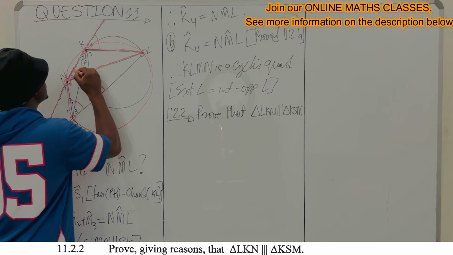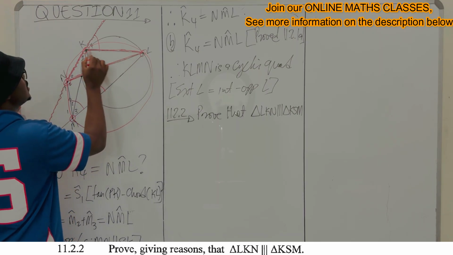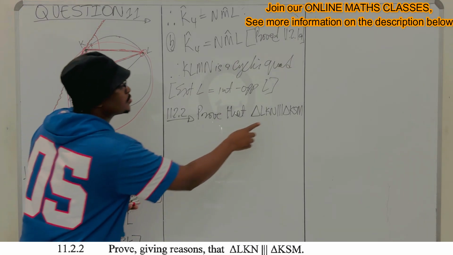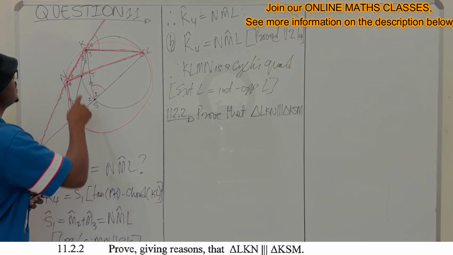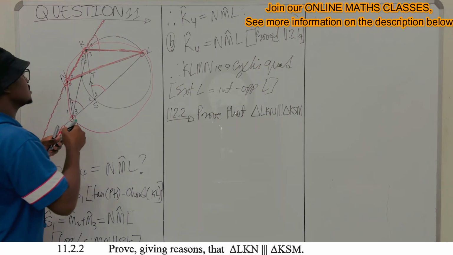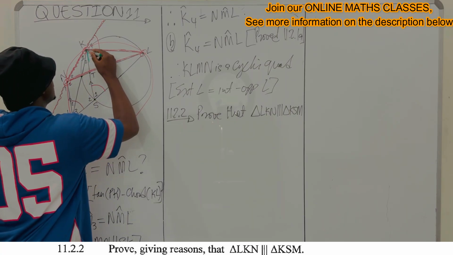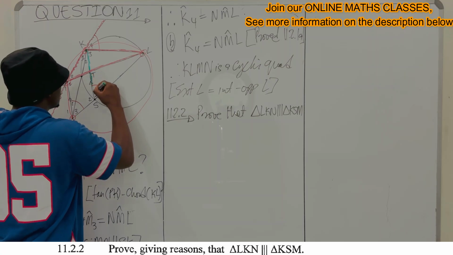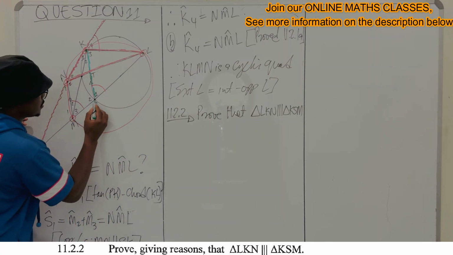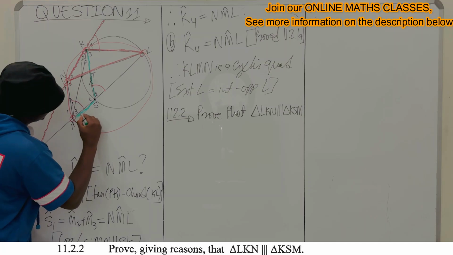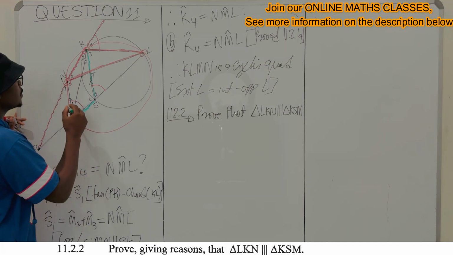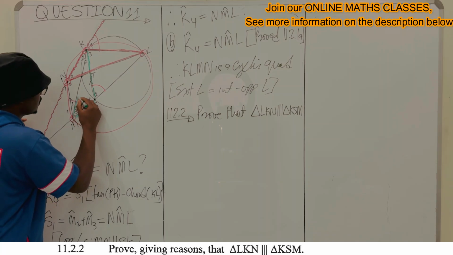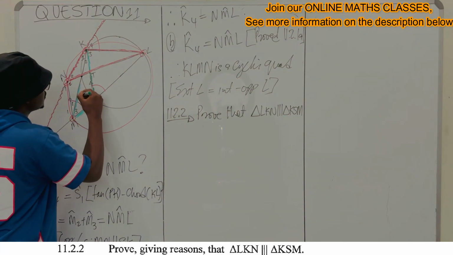So we must show that this triangle is similar to triangle KSM. Where is KSM? Let's try to make it green maybe. K, S, M. So this part also goes with this triangle.